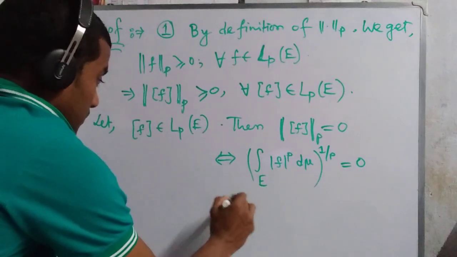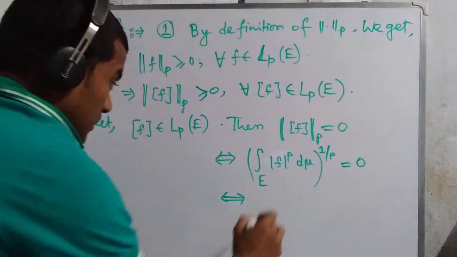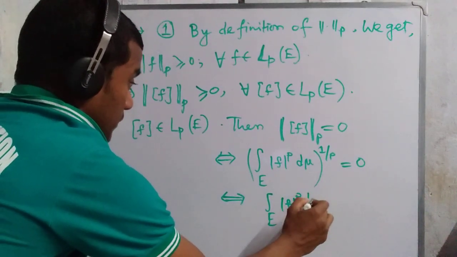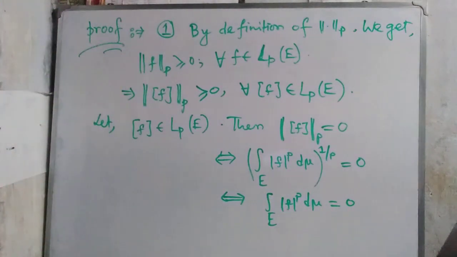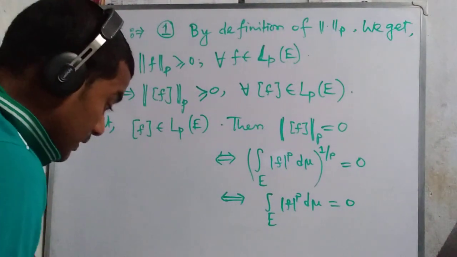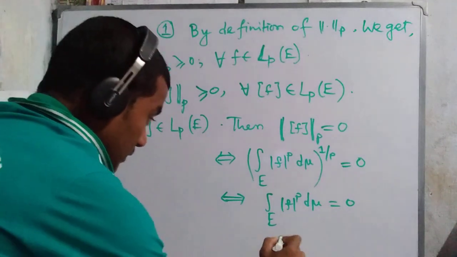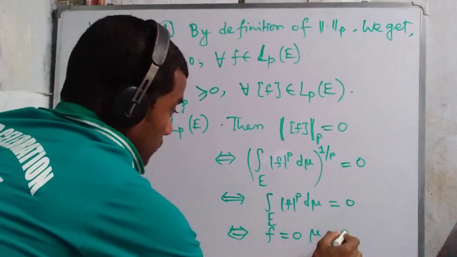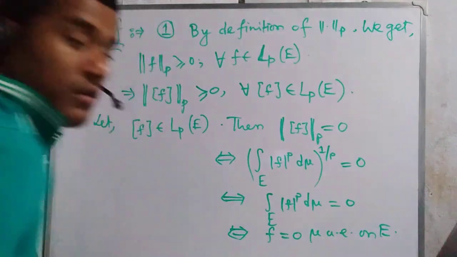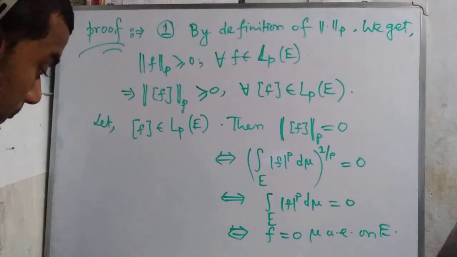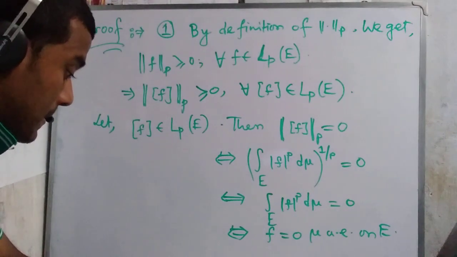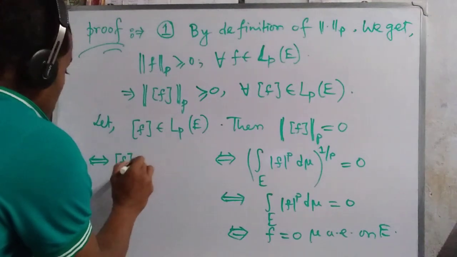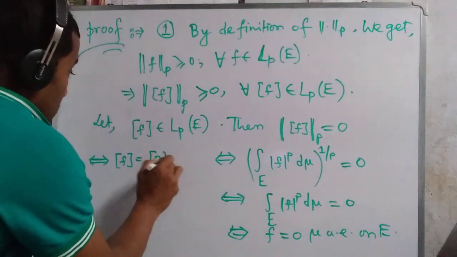This implies that the integration over E of mod of f to the power p d mu equal to 0. Okay, this implies what? This implies that f equal to 0 mu almost everywhere on E. Okay, this implies that this class equal to this one.